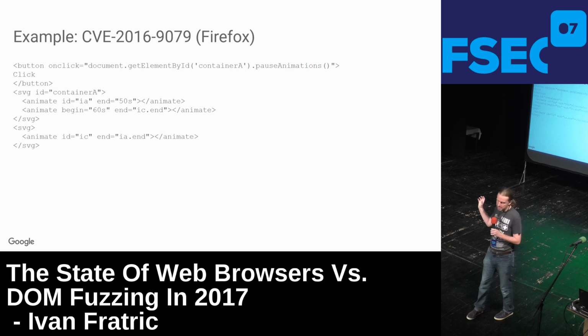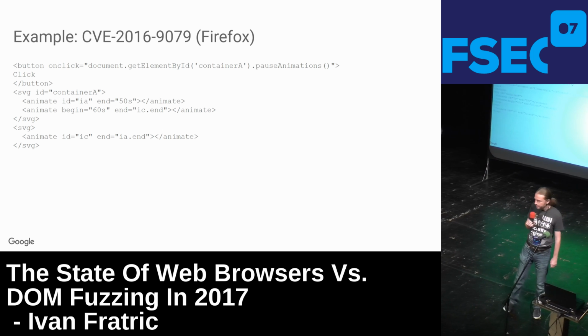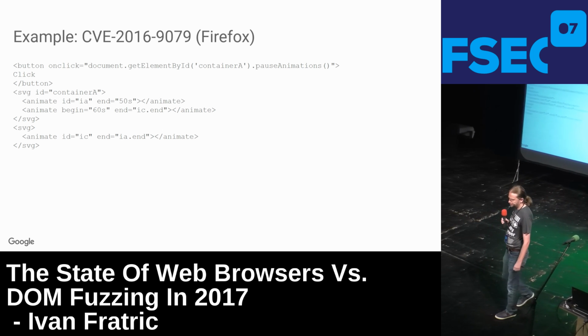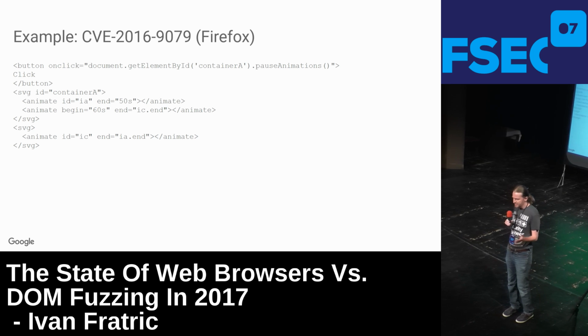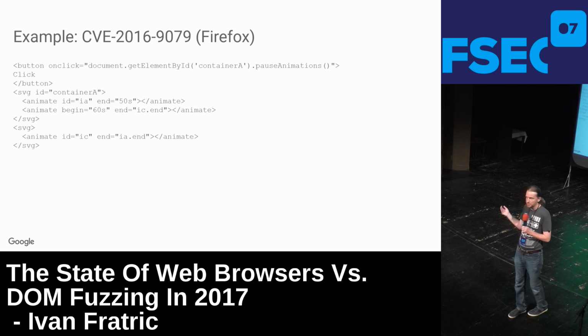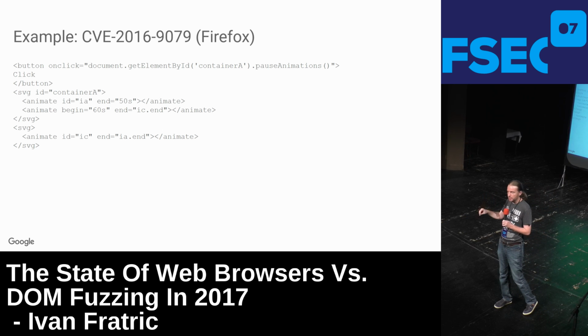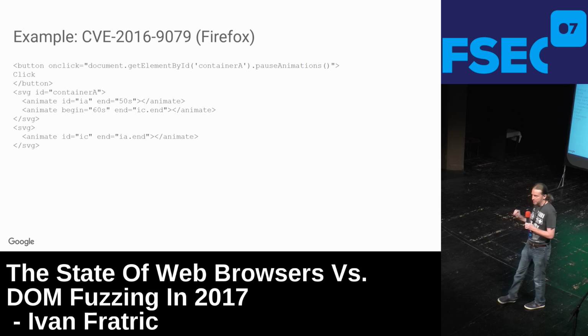In this case, it has an embedded SVG image in it. There is also some JavaScript code in the on-click handler. And this is typically the general structure of these samples that trigger DOM vulnerabilities. You have some HTML code, you have some JavaScript code, and in some cases you also have some CSS code. And none of this is actually malformed.